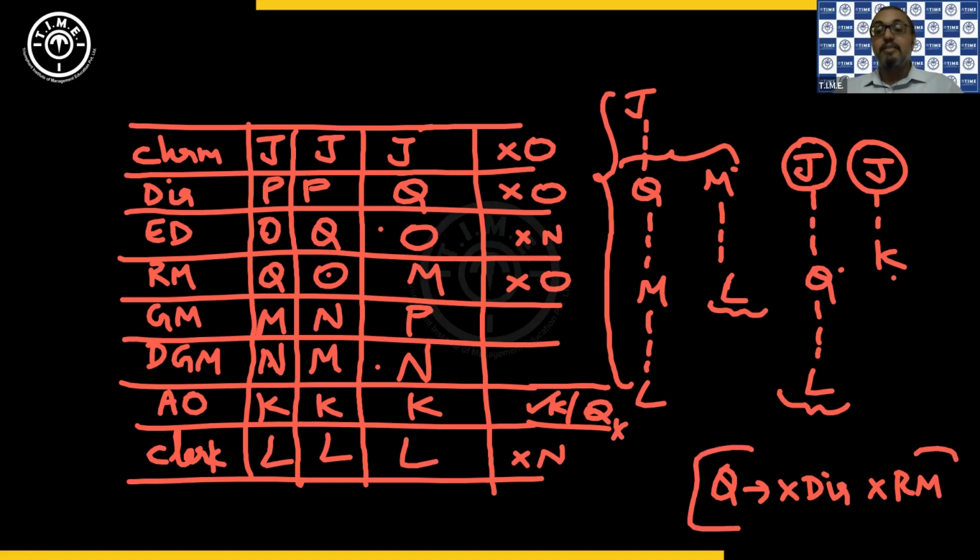But since he's clearly saying that Q cannot be a director, cannot be an RM. Now in the third case, if you check, Q is given as a director, not possible. And in the first case, as you can check, Q is given as RM. That is also not possible. So the only possibility we have is going to be the remaining one.